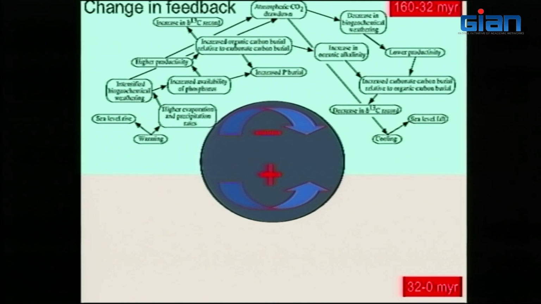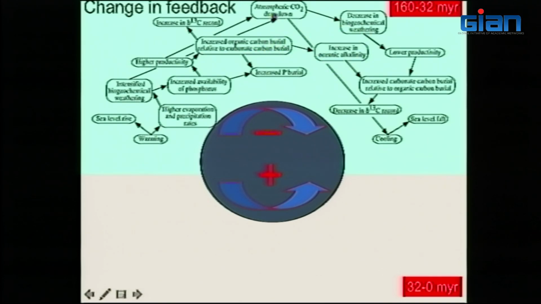This is the feedback, this change of feedback, which led first to a warming, and you have a higher precipitation rate, you intensify the biochemical weathering, you increase the availability of phosphorus, you increase the productivity. If you increase the productivity, you increase organic carbon burial relative to carbonate burial. You have a positive delta C13 shift, and finally you increase the drawdown of CO2 by sequestration of this carbon.